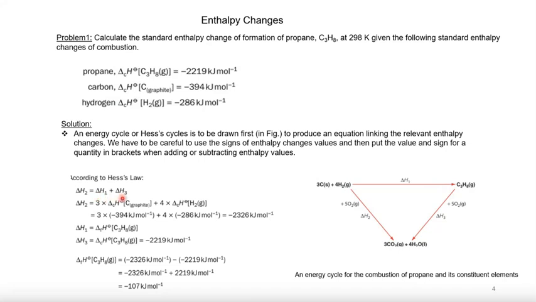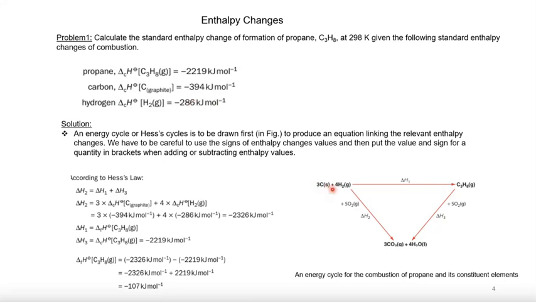So our H2 is this. What do you do? We have 3 moles of graphite and 4 moles of hydrogen gas. We have the standard enthalpy change of carbon and the standard enthalpy change of hydrogen gas here.